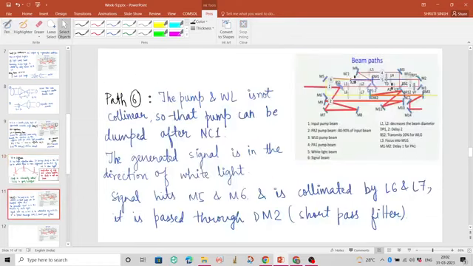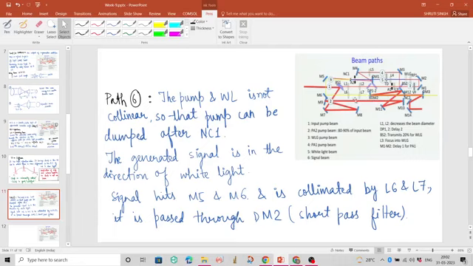Now we were discussing that the signal, after getting generated from nonlinear crystal 1, hits the mirror M5, then M6, and then it is again collimated using the relay lens pair L6 and L7, and is focused on the dichroic mirror 2.